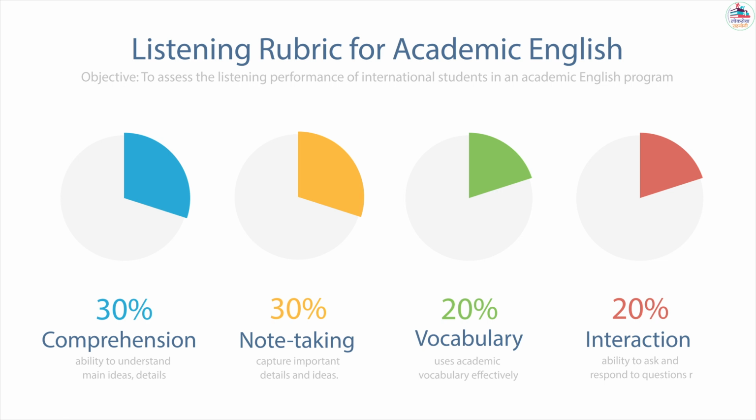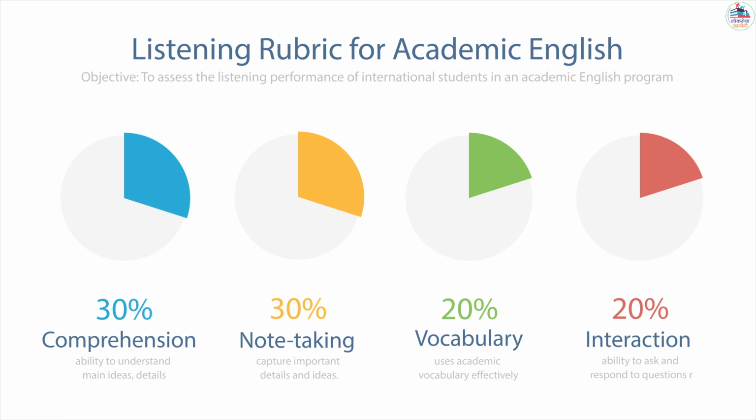You can separate comprehension 30 points. That means learners should demonstrate their ability to understand the main ideas during listening activities, details and meaning, and inferences of meaning from academic listening lectures. If you meet this criteria, you can give the listeners 30 points.